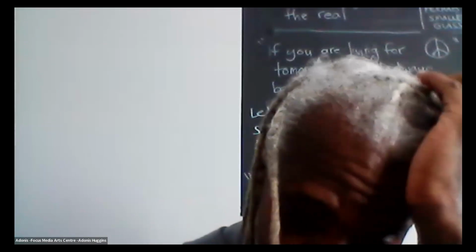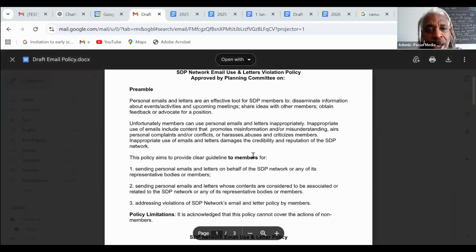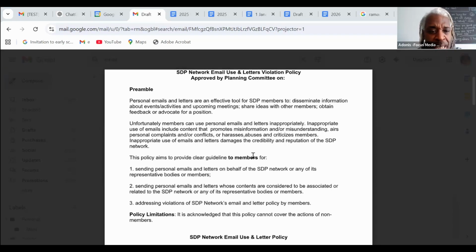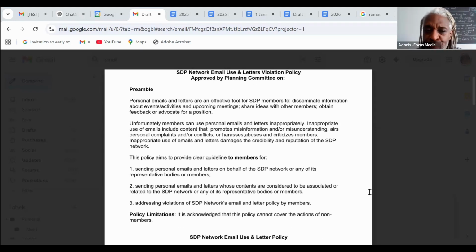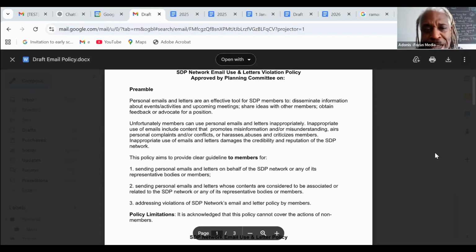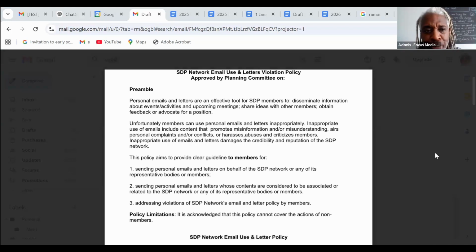One of the things that happened in the past is that letters have gone out to members of the community, often by people who are not involved in this. Anyways, I'd like to read what we have. Again, we're not voting on it. We're just getting feedback, and people can give feedback after this meeting. I'm hoping to have it approved at the next planning committee.